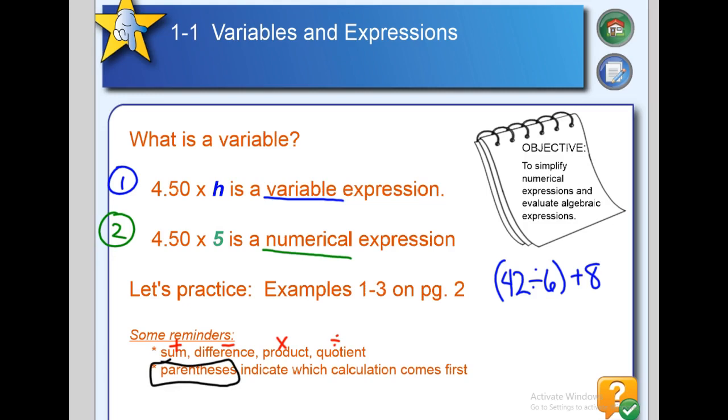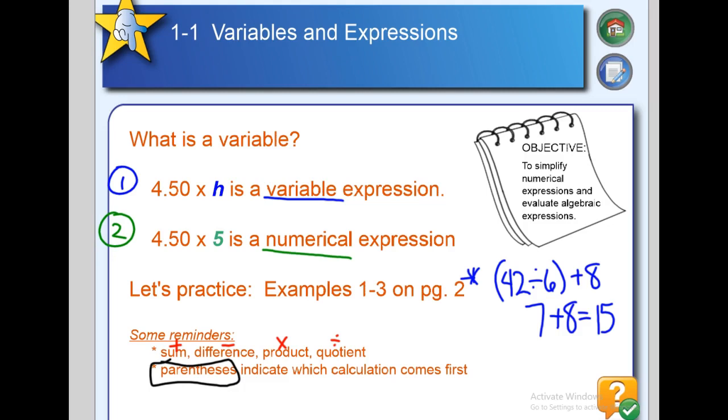So if we go back over here to the problem that Mrs. Burton wrote down, what should we do first? Yeah, what's in the parentheses? So 42 divided by 6 is 7. And then we know that 7 plus 8 equals 15. So that is a numerical expression.